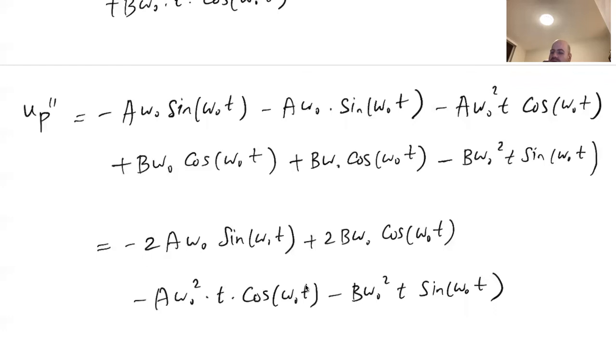So from minus a omega naught sine omega naught t, we have two of them. From b omega naught cos omega naught t, we have two of them. And from each of these terms, we had only one term, which I wrote here.